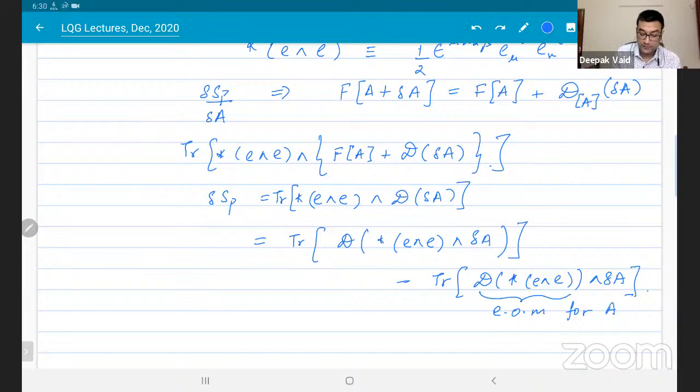Basically that equation of motion is a statement that your connection annihilates the cotriad.